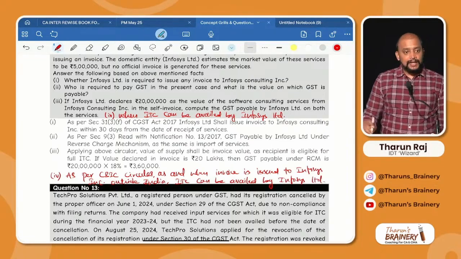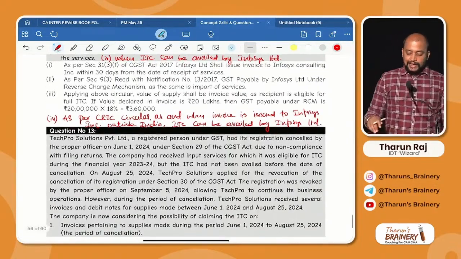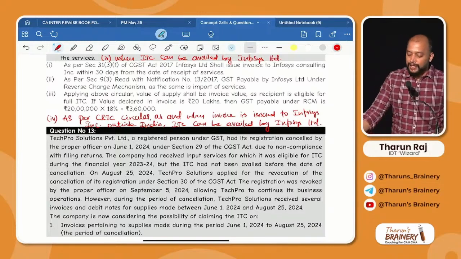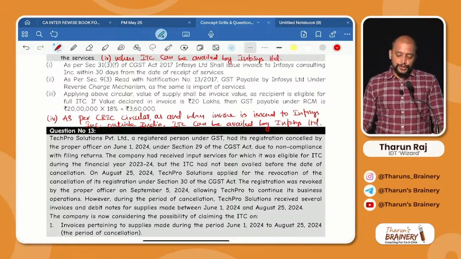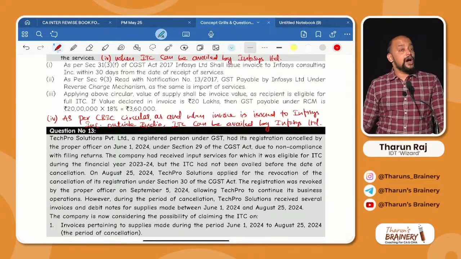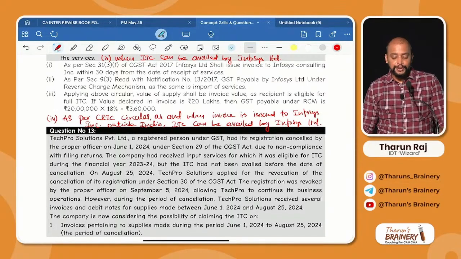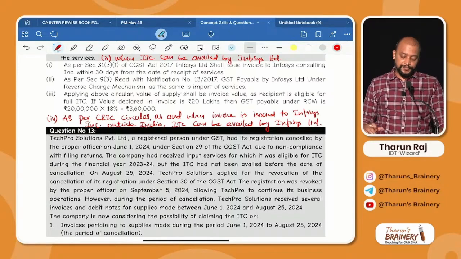Is it clear? As per CBIC circular, I will dictate it. As per CBIC circular, as and when the invoice is issued to Infosys Incorporation outside India, ITC can be availed by Infosys Limited.